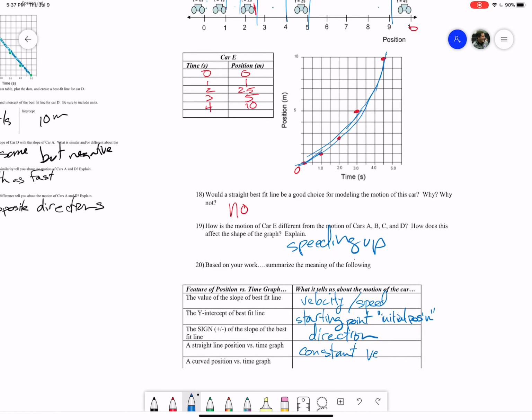And finally, a curved line. What we just found out from a curved line is that it means an increasing velocity, or a positive acceleration. So it means it's accelerating. Okay, there you go.